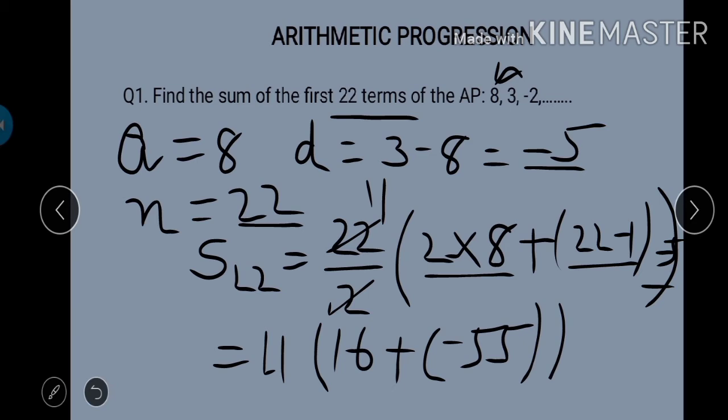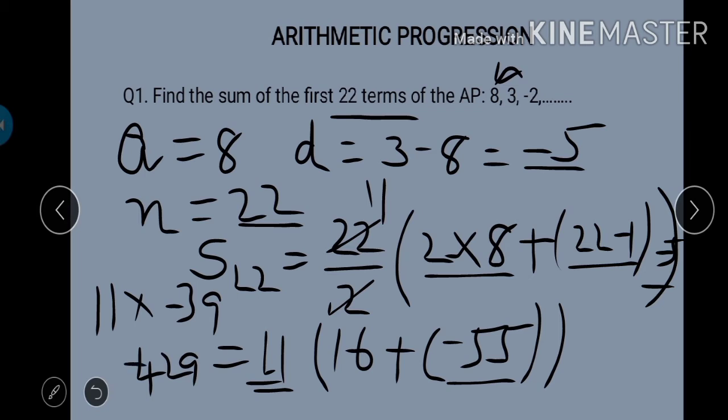Now add minus 55 and 16, and you will get 11 into minus 39. So we get minus 429 as my answer.